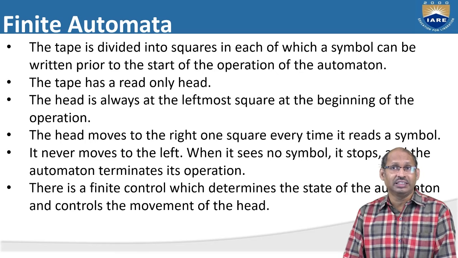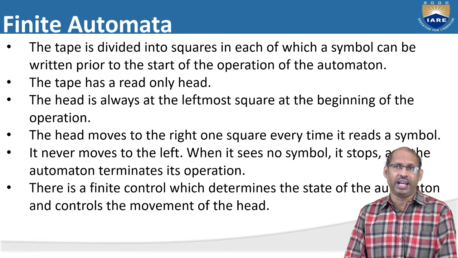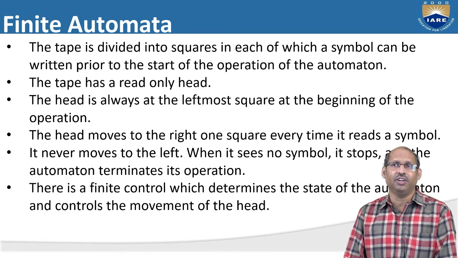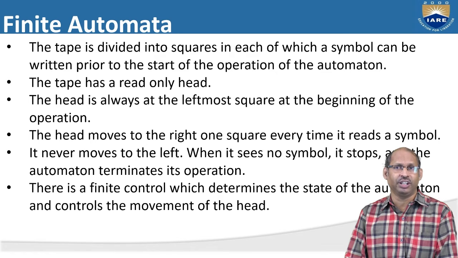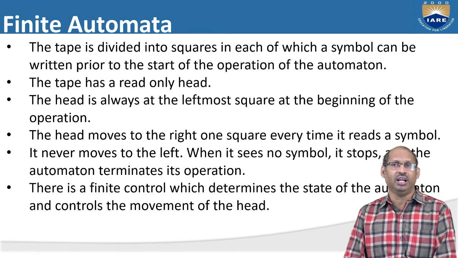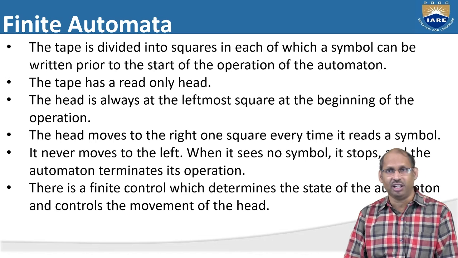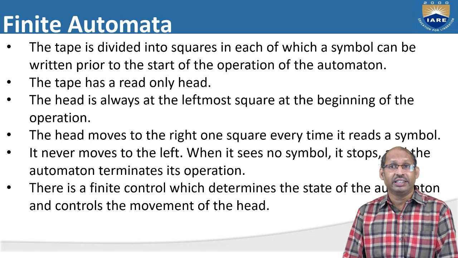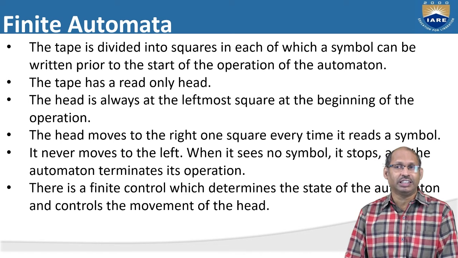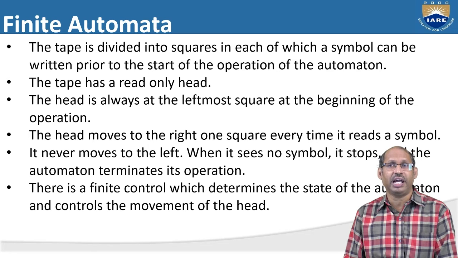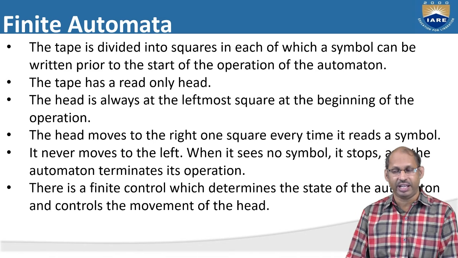The tape has a read-only head. The head is always at the leftmost square at the beginning of the operation. The head moves to the right one square every time it reads a symbol and it never moves to the left. When it sees no symbol, it stops and the automaton terminates its operation. There is a finite control which determines the state of the automaton and controls the movement of the head.